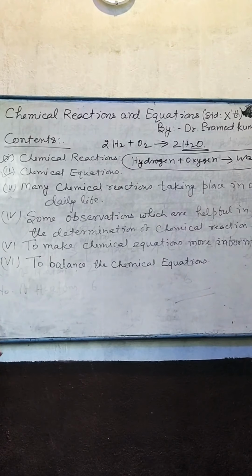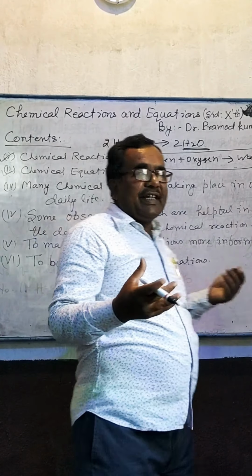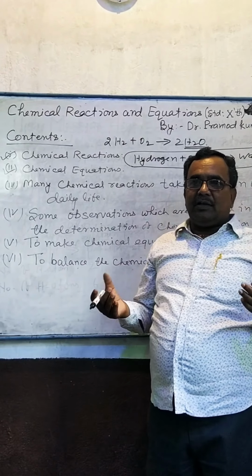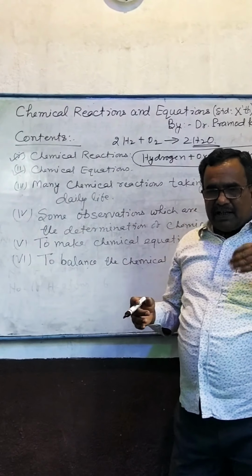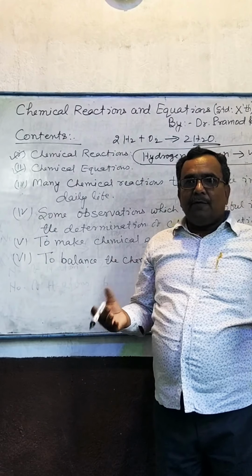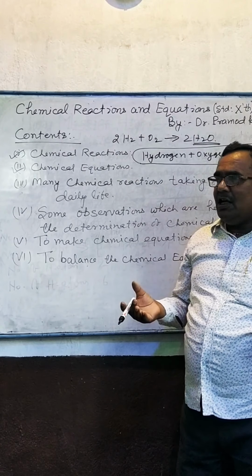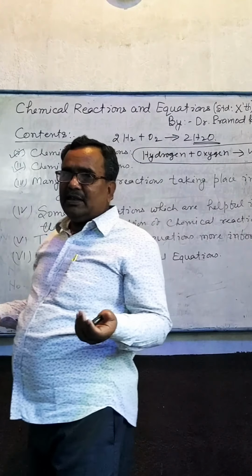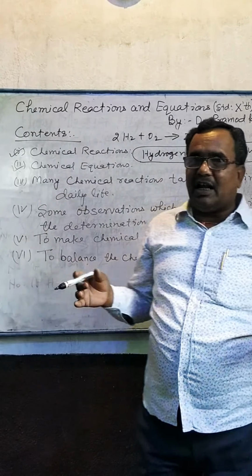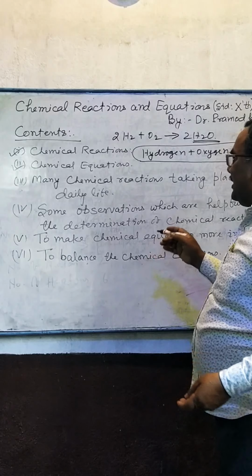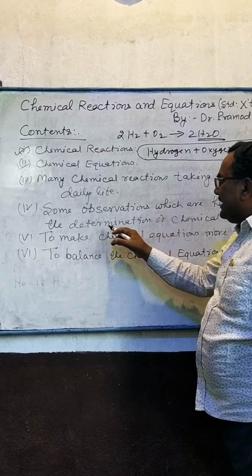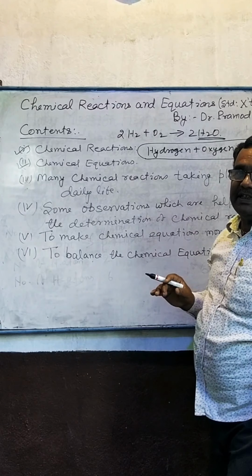Now we have to study that there are various chemical reactions which take place in our daily life. For example, conversion of milk into curd, digestion of food, fermentation of grapes, rusting of iron. These are the chemical reactions which take place in our daily life. Now we have to study some observations which are helpful in the determination of chemical reactions.